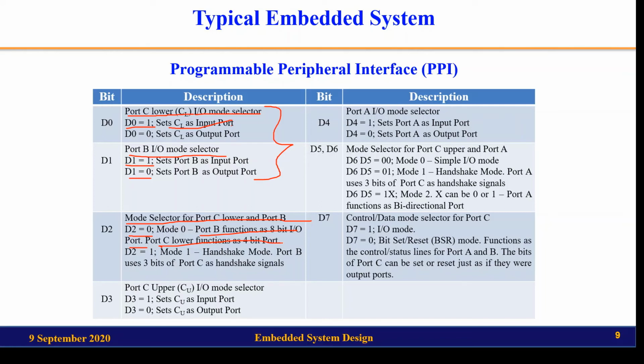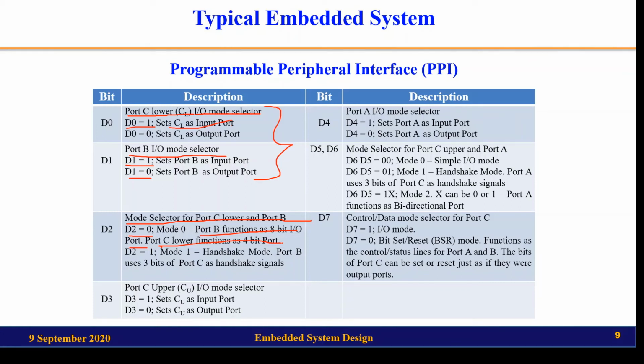When you have D6, D5 as 0, 0, that is considered as mode 0. We call it a simple IO mode, where port A is an 8-bit IO port, and port C upper is a 4-bit IO port. Next we have D6, D5 equal to 0, 1. That is considered as mode 1, or handshake mode.